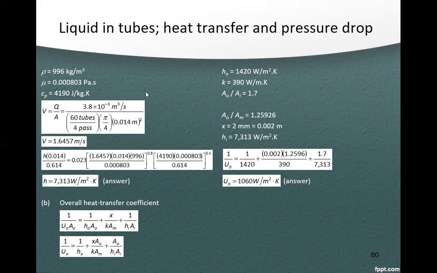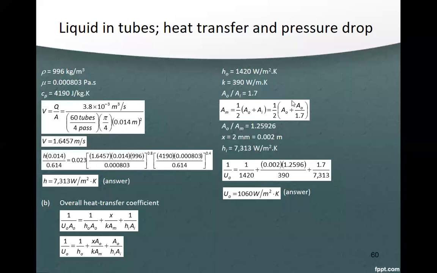Wait, insert natin. So ito, A sub m is equal to 1 half of A sub o plus A sub i, which is 1 half of A sub o plus A sub o over 1.7. Then A sub o over A sub m is 1.25926. x is 2 mm or 0.002 meters. h sub i is equal to 7013 watts per meter squared Kelvin.